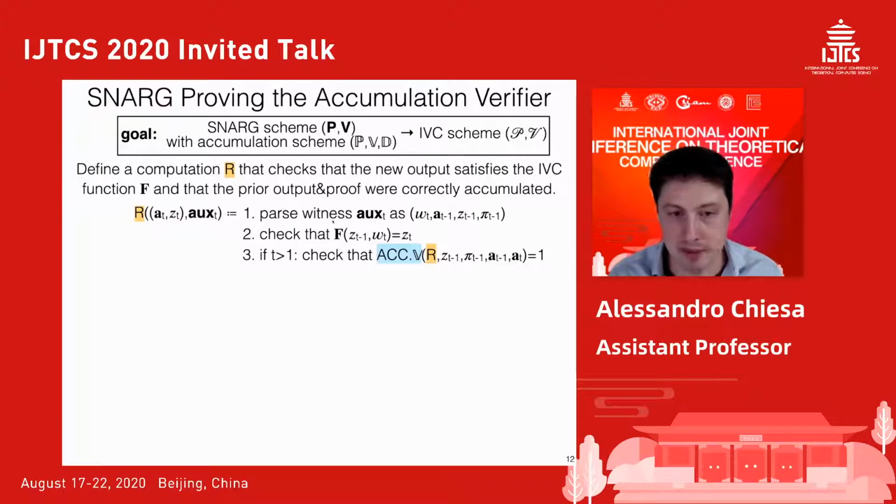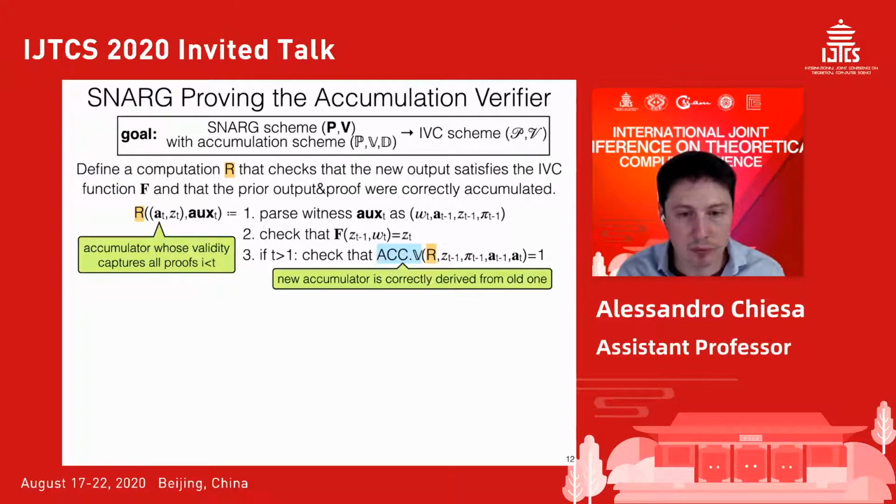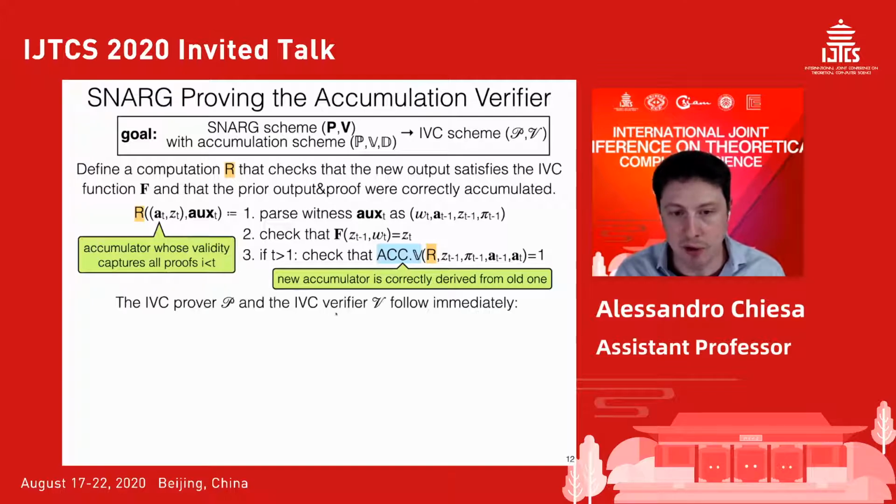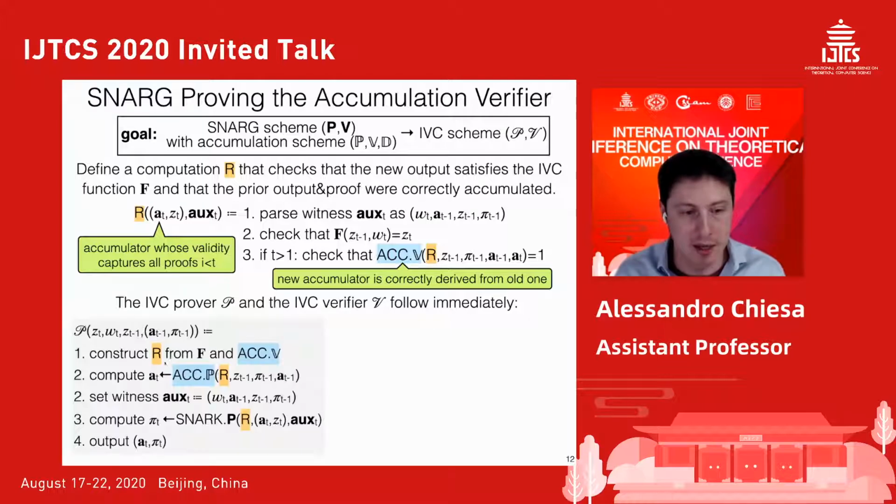Syntactically, this should make sense, because remember, as long as all the accumulation verifiers have been recursively checked, later on I will only be left with checking the decider. And that's indeed what we see now from the construction of the IVC prover and the IVC verifier. The IVC prover will say: please assemble the recursive computation from the transition function and accumulation verifier.